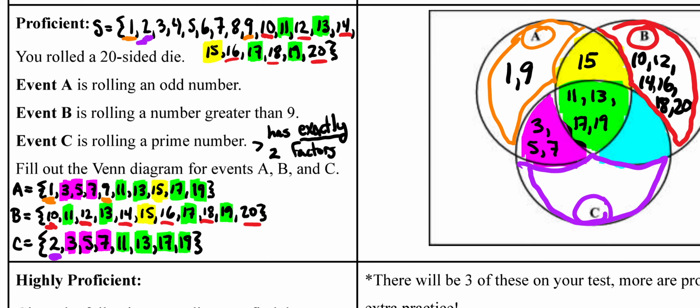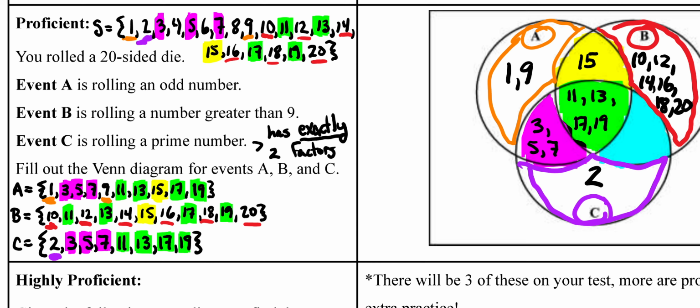So mark that 2. I've missed marking some of these: 3, 5, and 7 in my large sample space there. And 2. So this goes here.